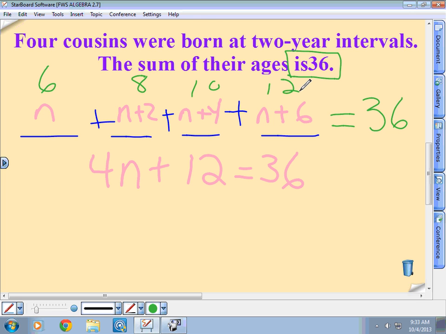Add those up. 12 and 10 is 22, and 8 is 30, and 6 is 36. So the first cousin is 6 years old. When this cousin turns 6 years old, 2 years later, another cousin is born, and 2 years later another, and 2 years later another. All 4 of their ages add to 36. It's not asking to solve right now, but I can solve it in my head. So the youngest cousin is 6 and the oldest cousin is 12.